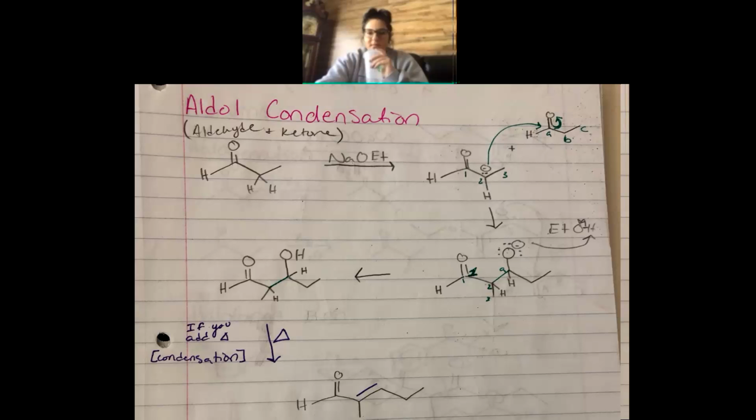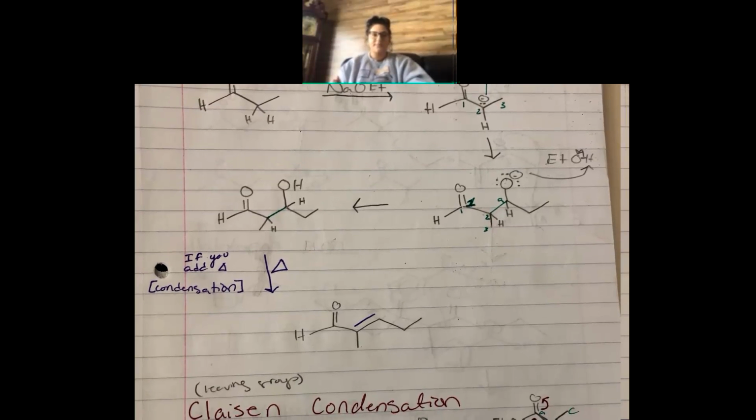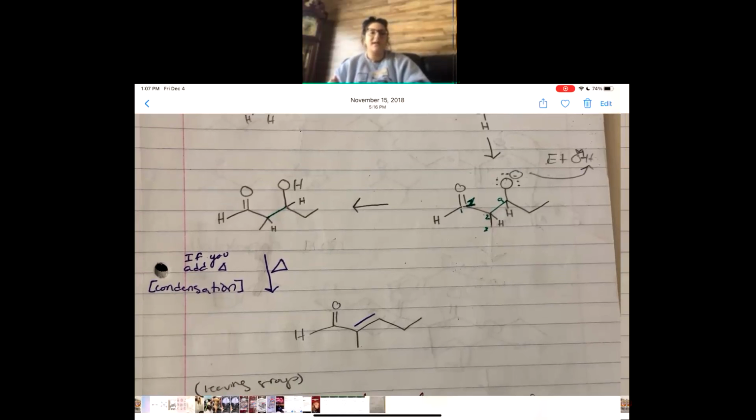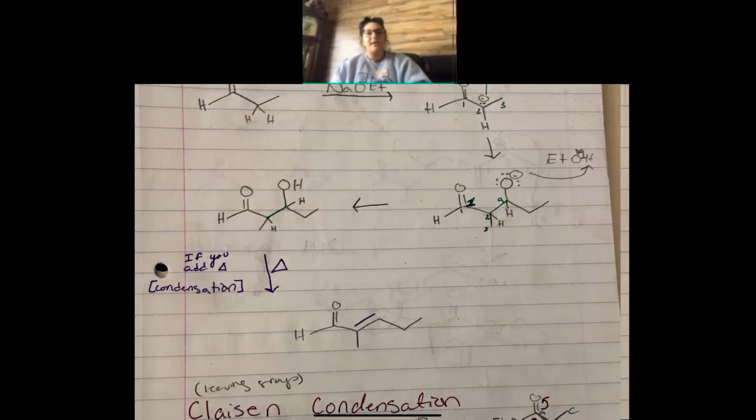Since we made the alcohol, it can undergo a condensation if you add heat, and we can kick off the OH. This is different than heat in chapter 18 because instead of doing a decarboxylation, all they're doing is an elimination and getting rid of the OH. So that's the main concept.